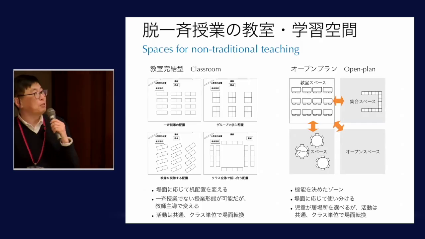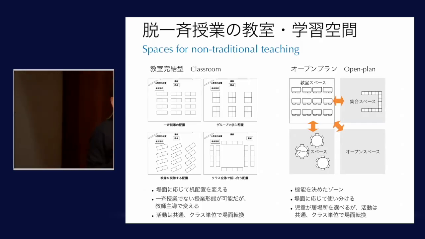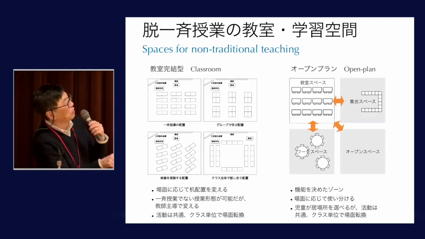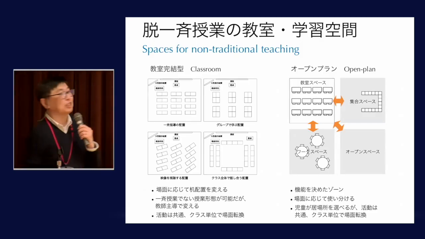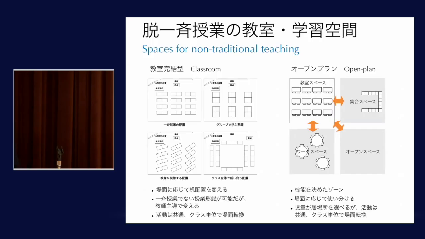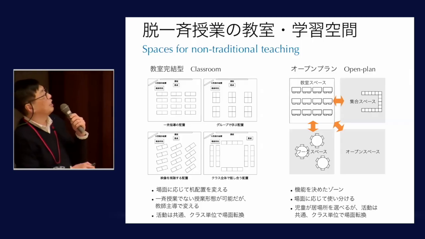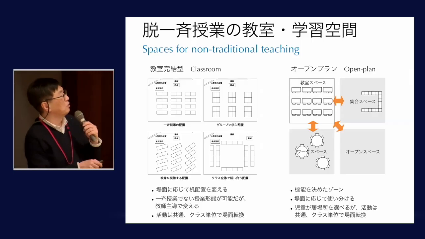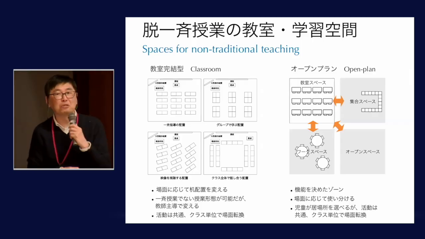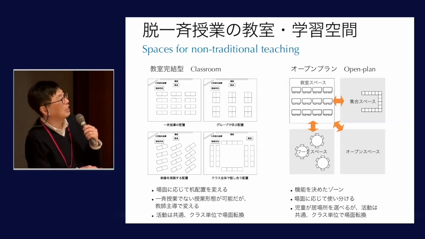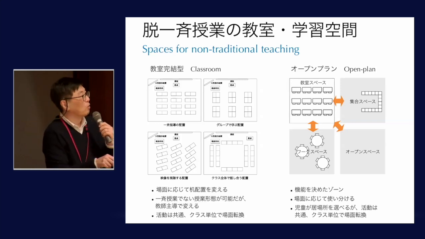Instead of that, compared to that, with an open plan, the teachers themselves can change how to use the space to teach. However, the common idea is here: the left side and right side are flexible. However, the teacher needs to change the layout of the furniture.